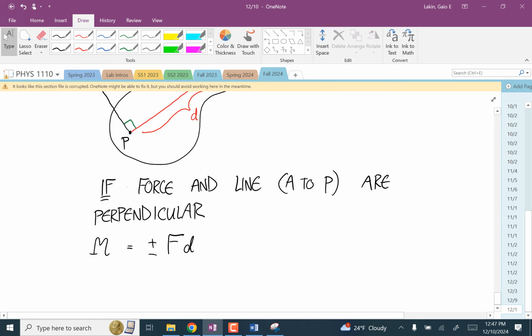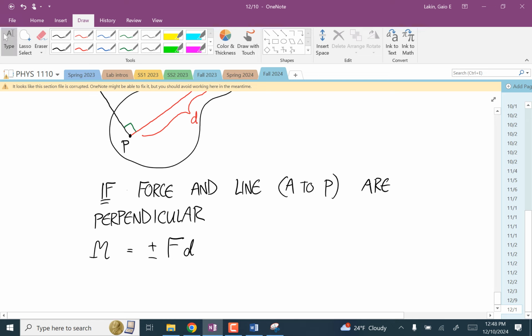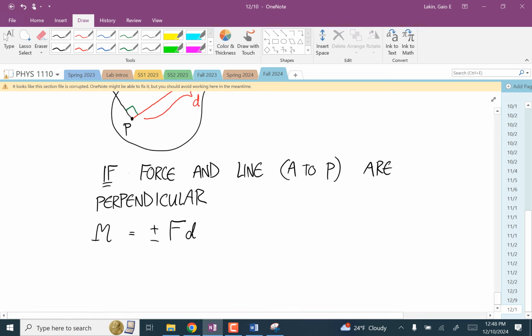You can increase this moment by making the distance d bigger between these two things, or you can make the moment bigger by increasing the force. And what about the plus or minus?